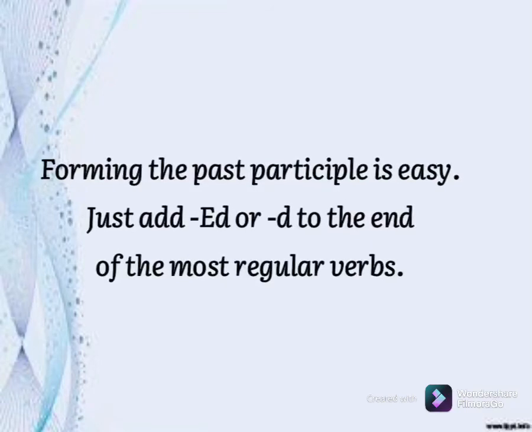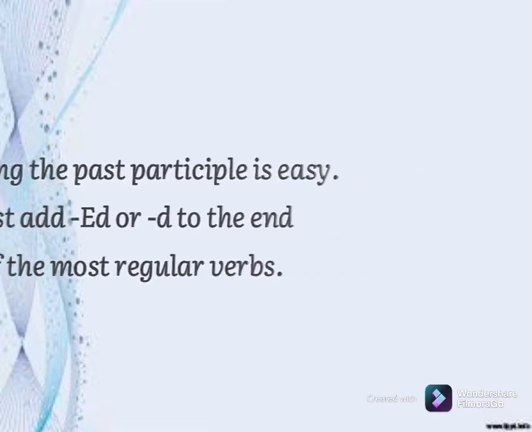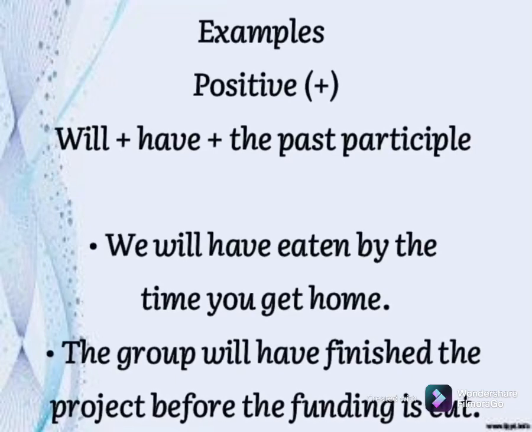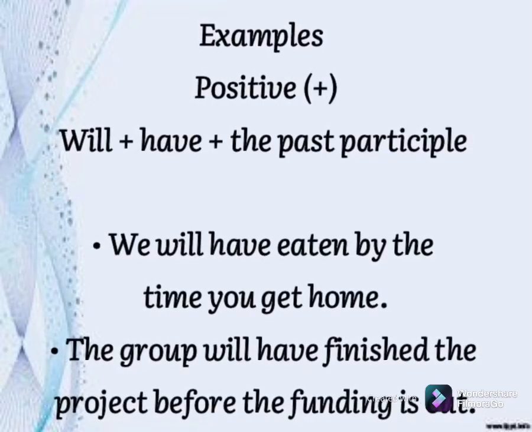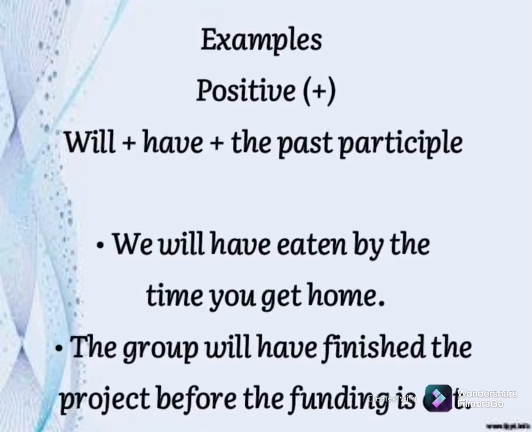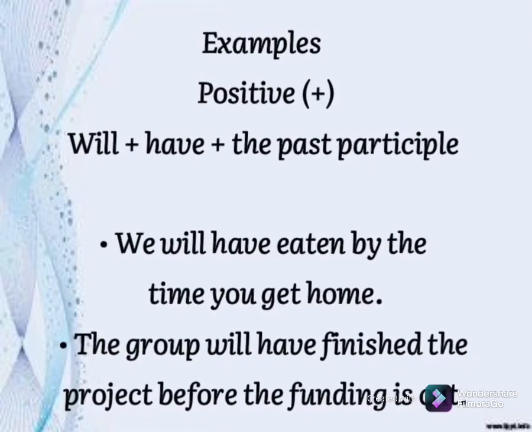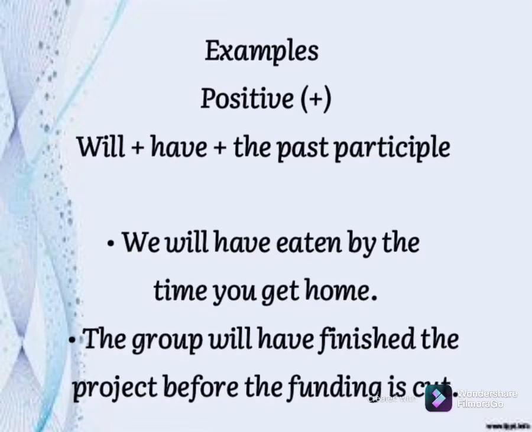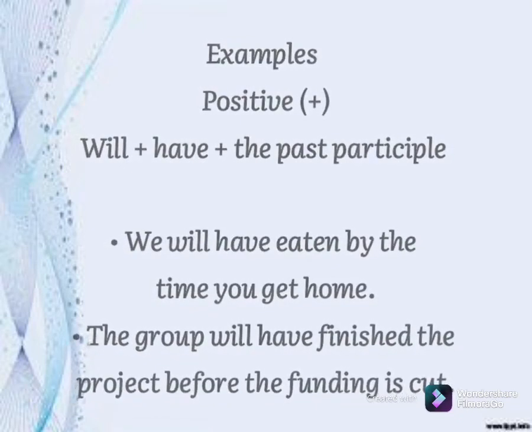Just add ed or d to the end of most regular verbs. For examples, positive. The formula is will plus have plus the past participle. We will have eaten by the time you get home. The group will have finished the project before the funding is cut.